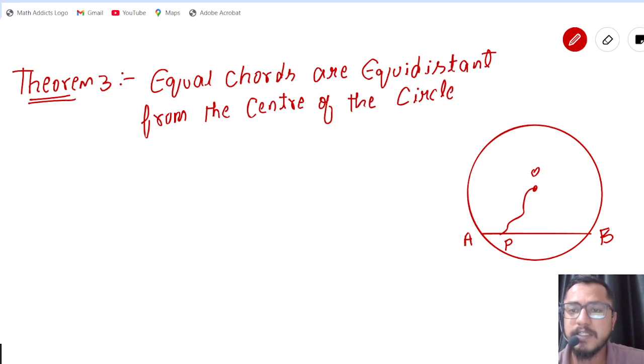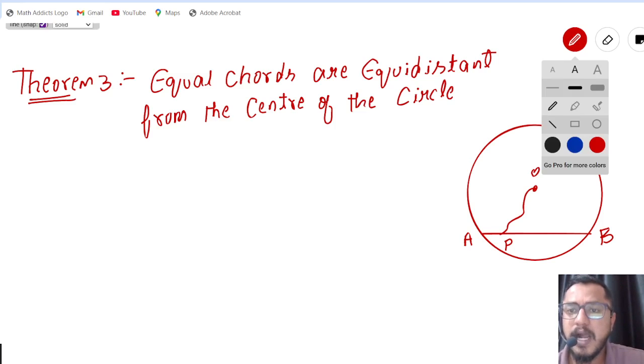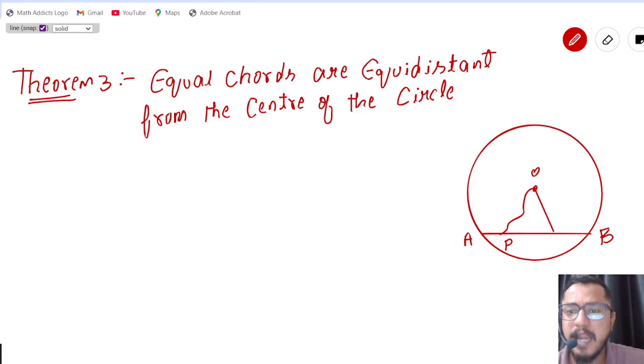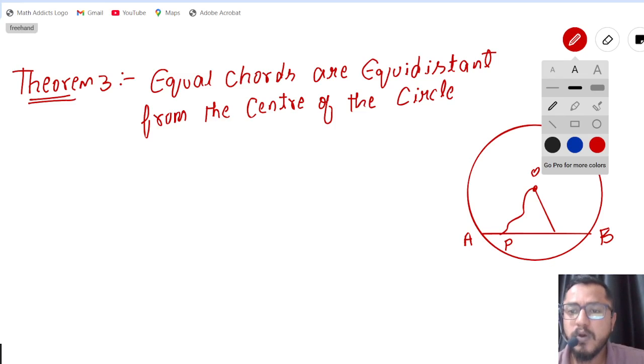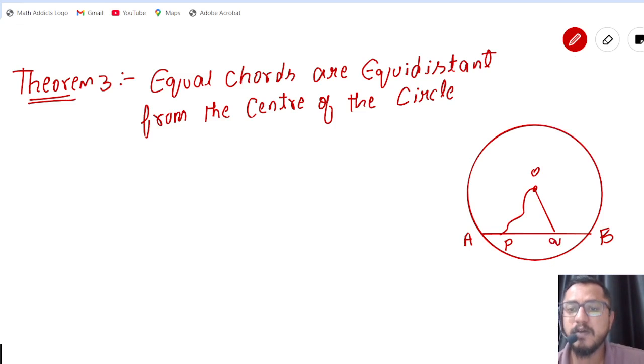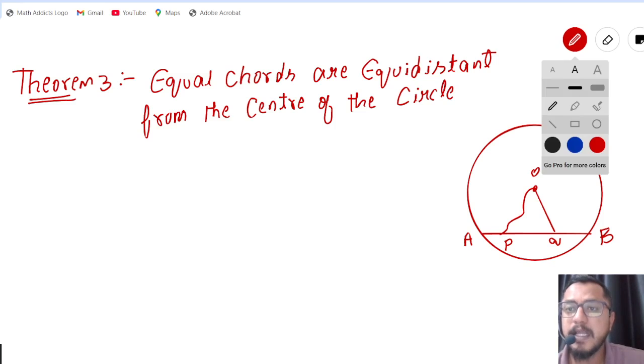You can't say that. So always remember one thing: the distance between the center and the chord will be a perpendicular distance.